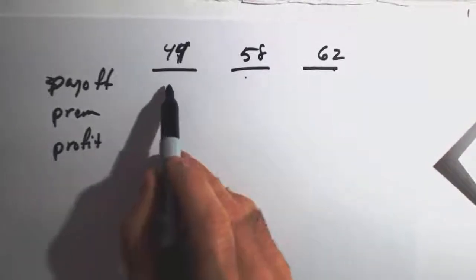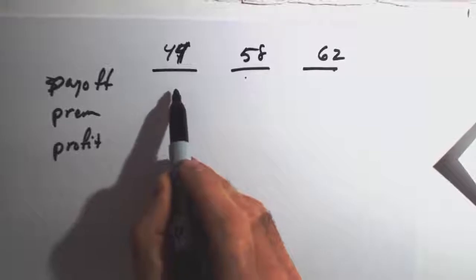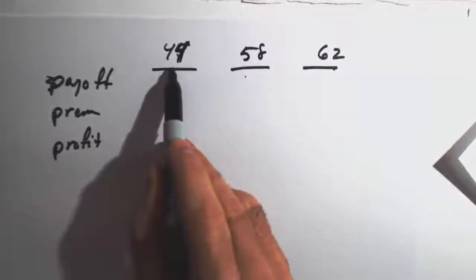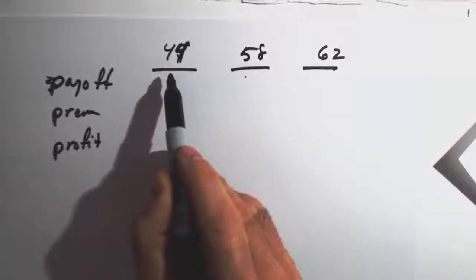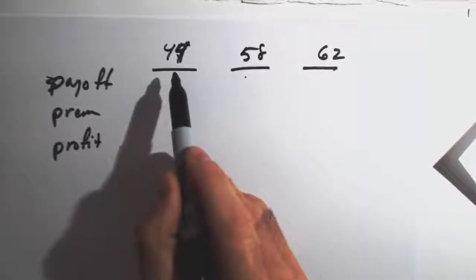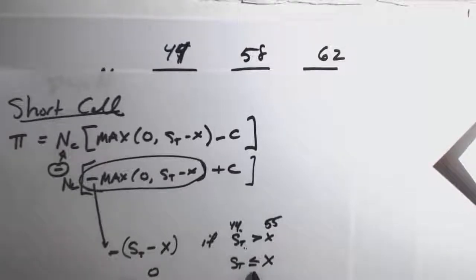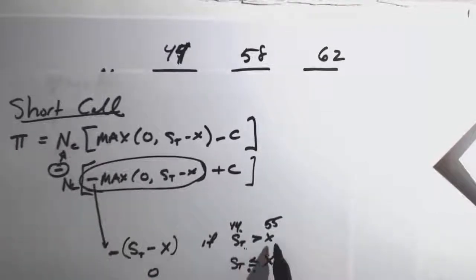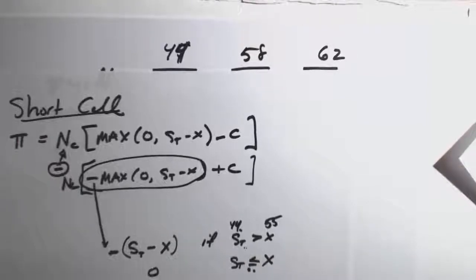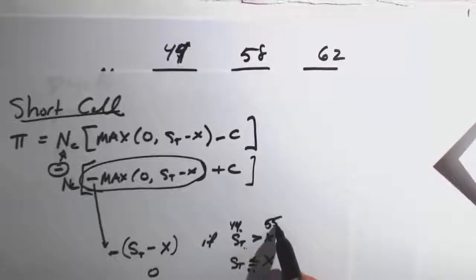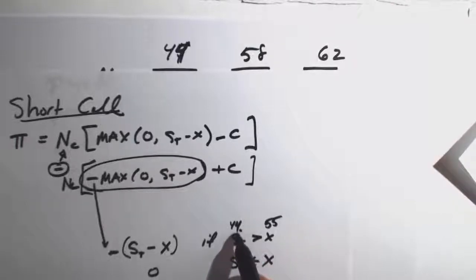Now, when the stock price is 44, the stock price is less than the strike, so the holder will never exercise this option. Why would you exercise the option to buy the stock for 55 when you can go into the open market and buy it for 44?